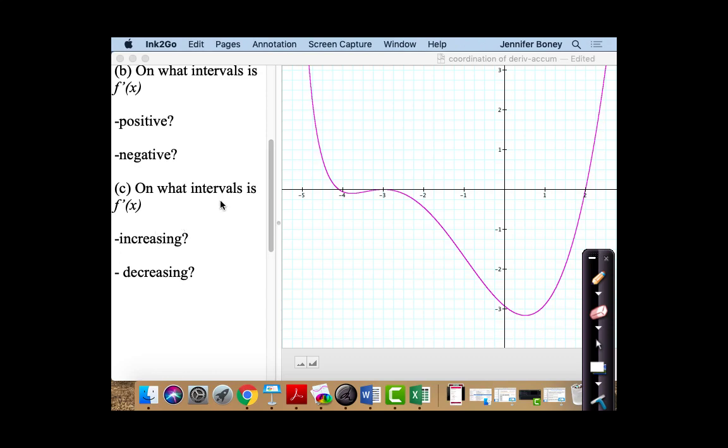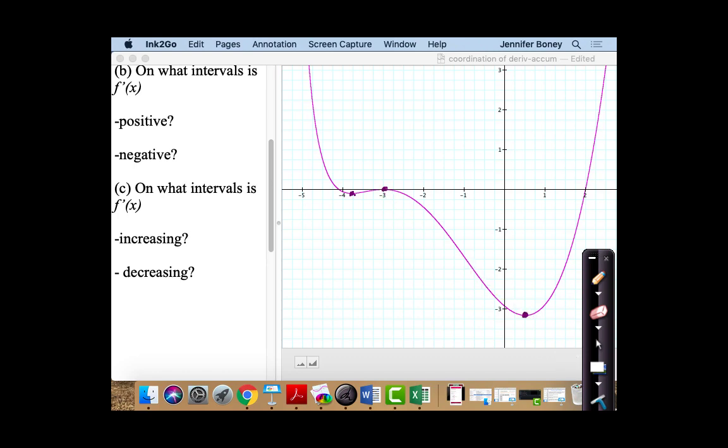So f prime increasing would be looking at this graph and asking when is this going uphill? And we haven't even talked about where the uphill versus downhill boundaries are on this, just the zeros of it. So here's a bottom of a hill here, a top of a hill there, a bottom of a hill there.